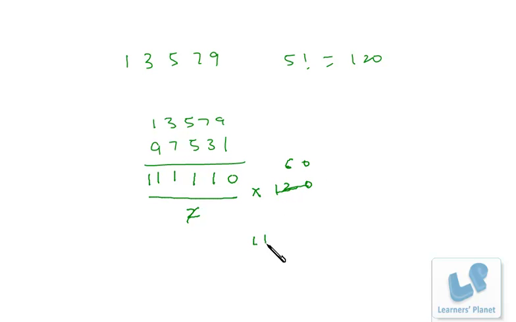So it's 11111 into 600 is the answer, right? This 5 times 1 and this 0 I shifted over here. So it's 11111 into 600. That will be the sum of all the 120 numbers which we are getting by arranging these digits, right? So the problem becomes very, very simple when we have the data in arithmetic progression. Okay, I hope you are clear.